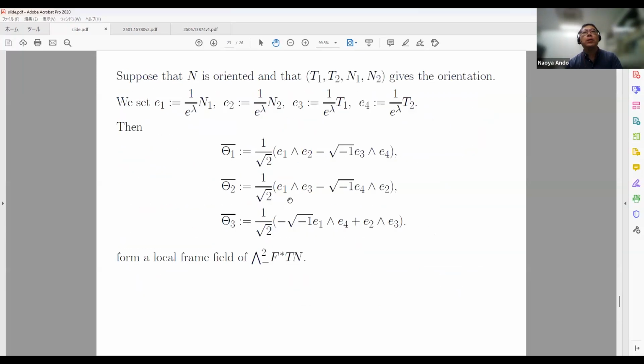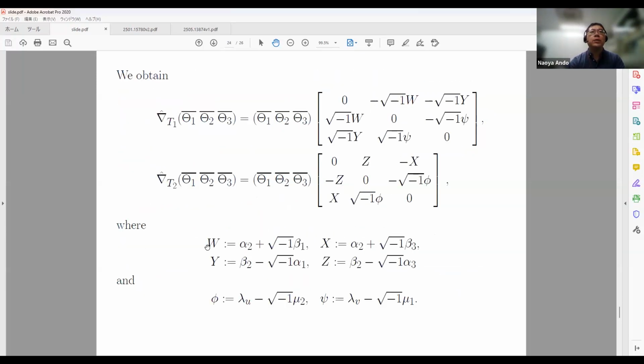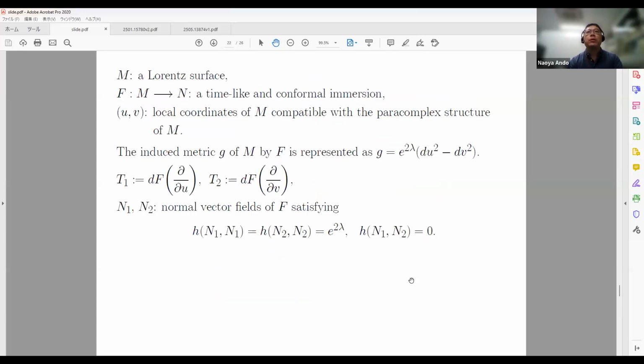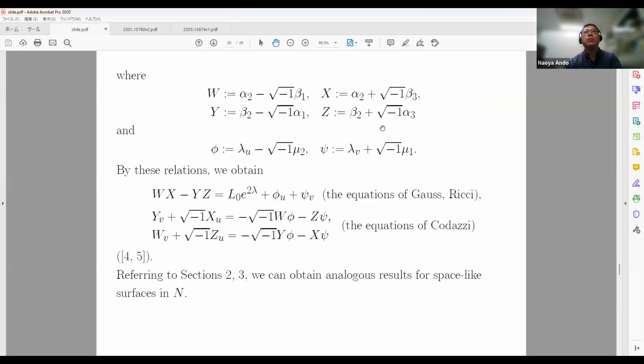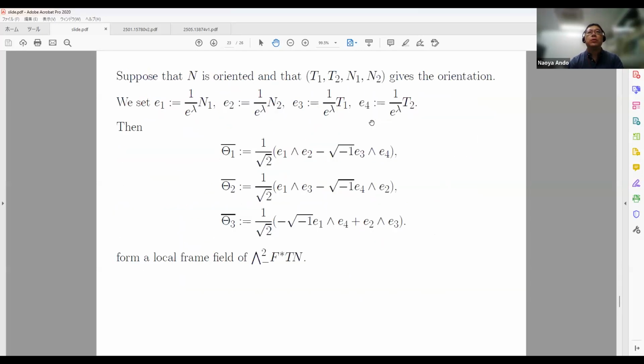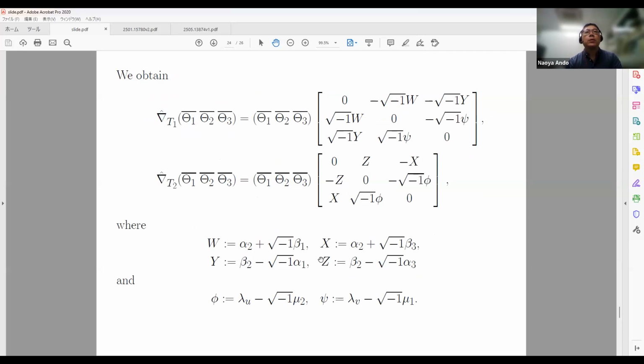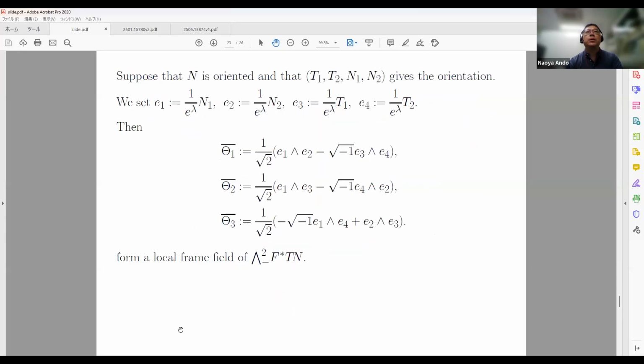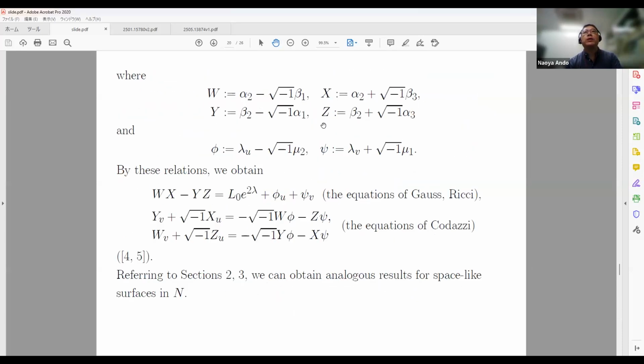But in the time-like case, this double is given by alpha 2 plus the square root of minus 1 beta 1. And this z is given by beta 2 minus the square root of minus 1 alpha 3. But in the space-like case, this is plus. So these functions do not coincide with these functions in the space-like case.